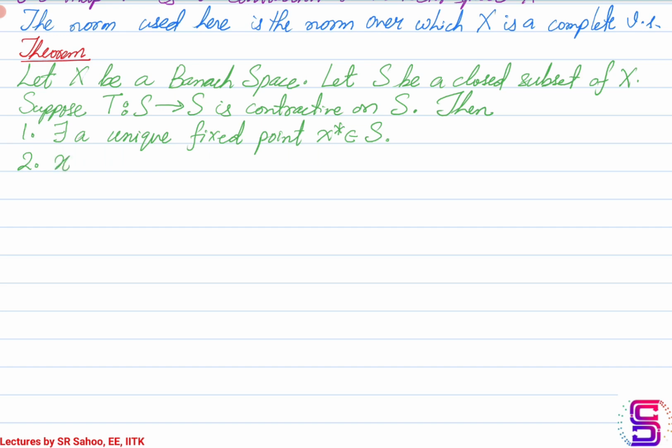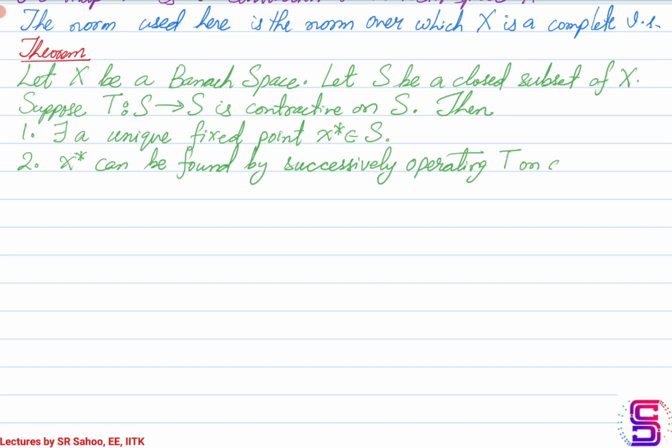Number two, this fixed point x star can be found by successively operating T on any x naught in S. So under this contraction mapping, you have one and only one fixed point in the set S. And if you want to find out what that fixed point is, it can be obtained by starting from any point in S, let's say x naught, and then you keep on operating T on that point.